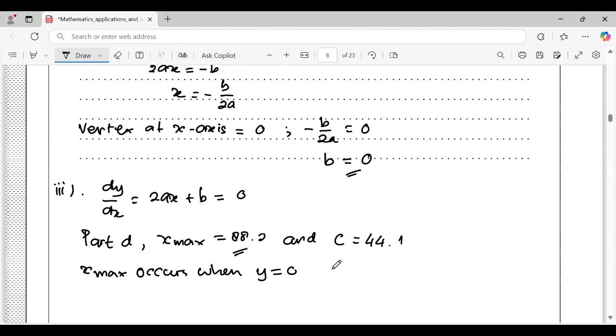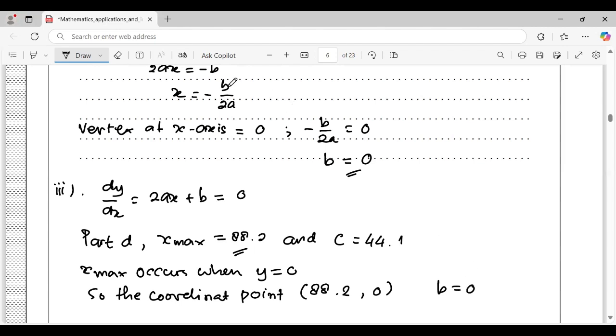So the coordinate point would be x, y, that is 88.2, 0. This is x, this is y. And from part 2, we got b equals 0, and from part 1, we got that c equals 44.1.